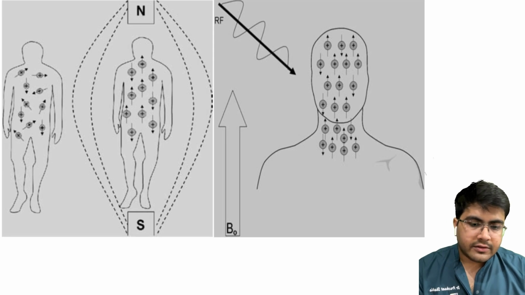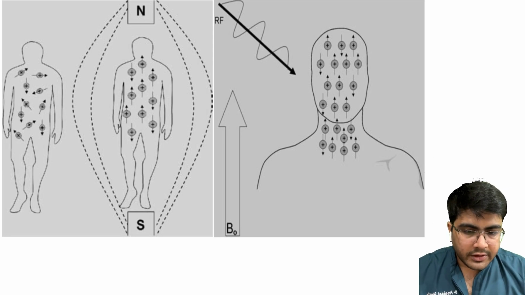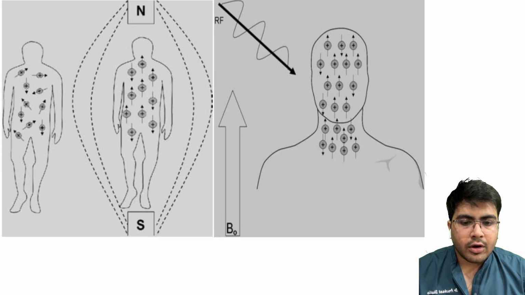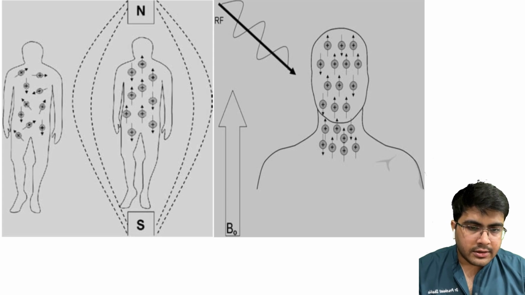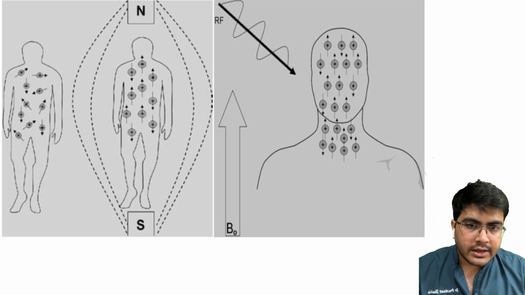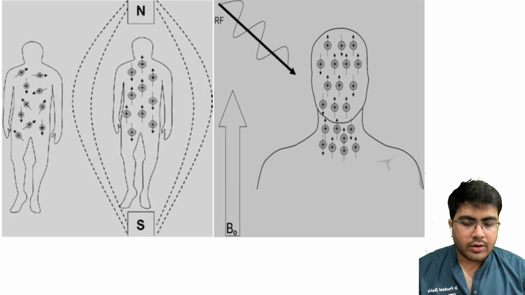After this, we give a radio frequency impulse, and we look at how all these H+ ions return to their normal configuration which was present after the induction of the magnetic field. Depending on their return from the radio frequency impulse, we reconstruct the images, and we have the anatomy and the pathology.